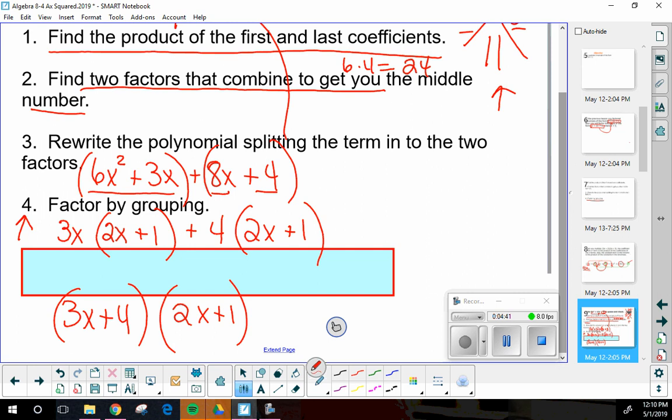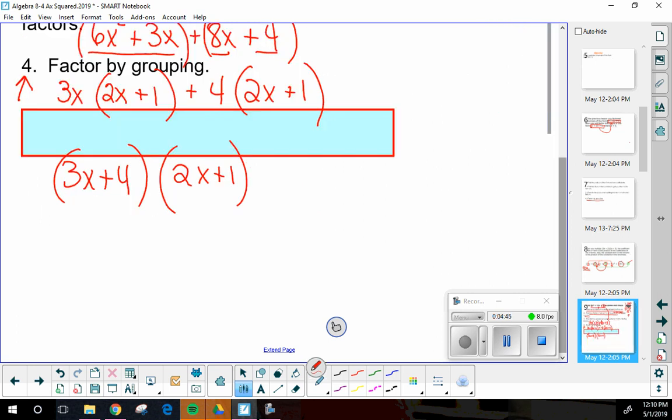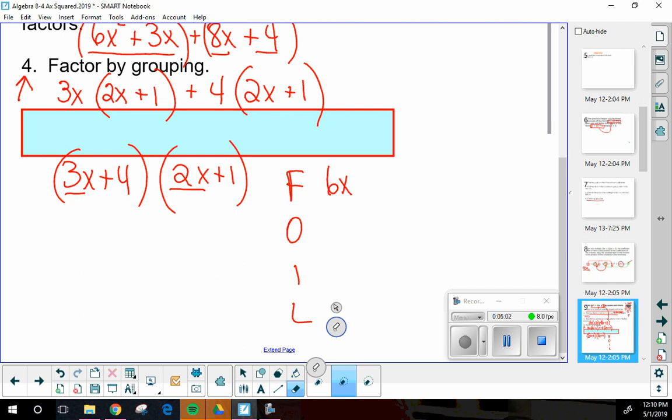And I'm not going to do it on all of these, but we'll go ahead and do FOIL, and you guys can see that, actually let me write this up and down so it's a little bit better, that we will end up with our original polynomial. 3x times 2x is 6x squared.